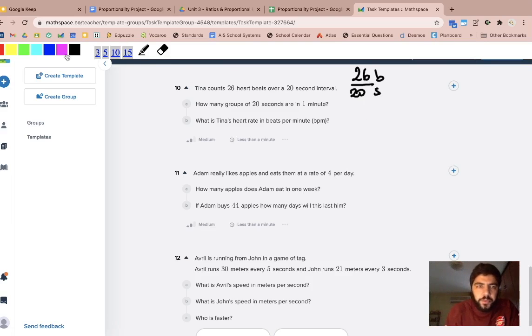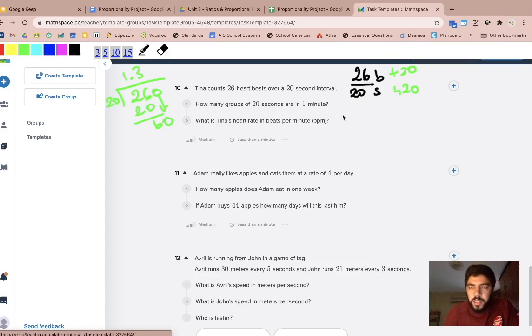We can divide both of them by 20 to get how many beats per second. So 26 divided by 20 is 1.3. So our unit rate for seconds would be 1.3 beats per second.